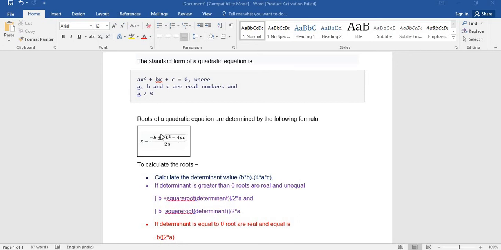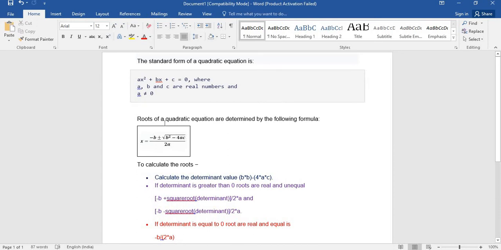Next, if this portion gets 0, then the roots are real and equal. So for this, we will get minus b divided by 2 into a. If this portion gets 0, we will be left with this portion only.